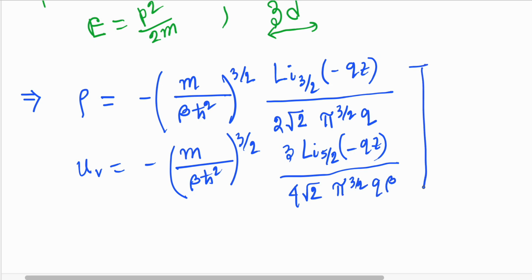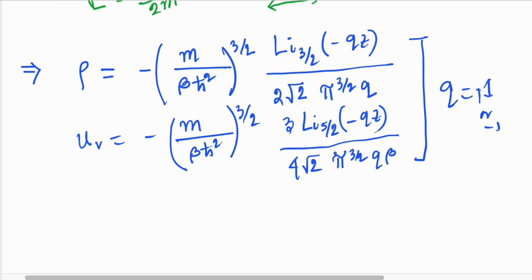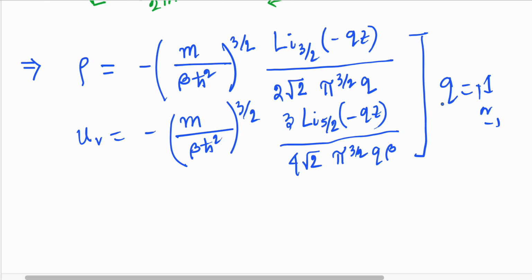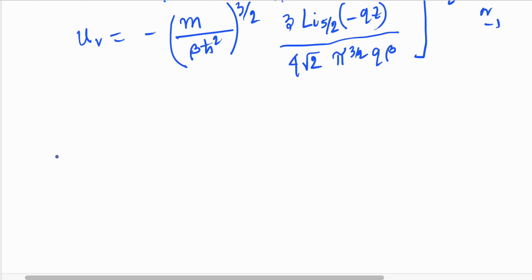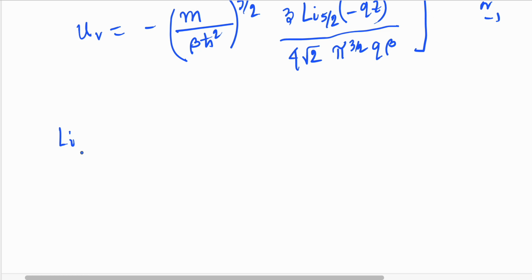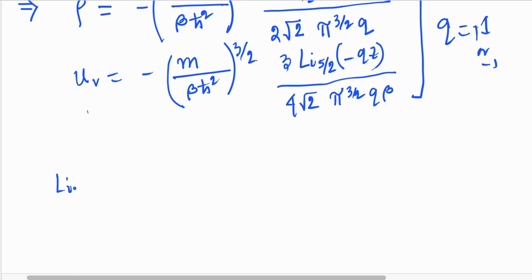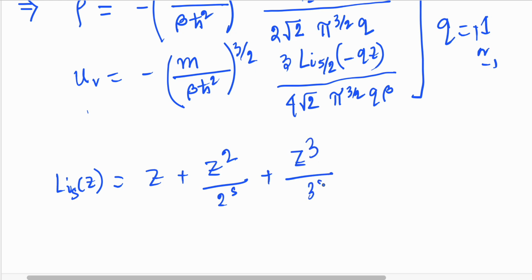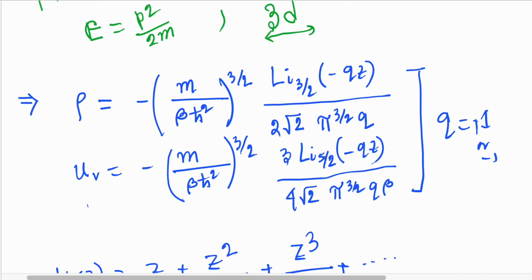So these two are only valid for Q equal to plus 1 or minus 1, because if you put Q equal to 0, you have to take special care. And these Li functions are nothing but polylog functions, where Li s of z is z plus z square by 2 to the power s plus z cube by 3 to the power s plus and so on. This is the polylog.